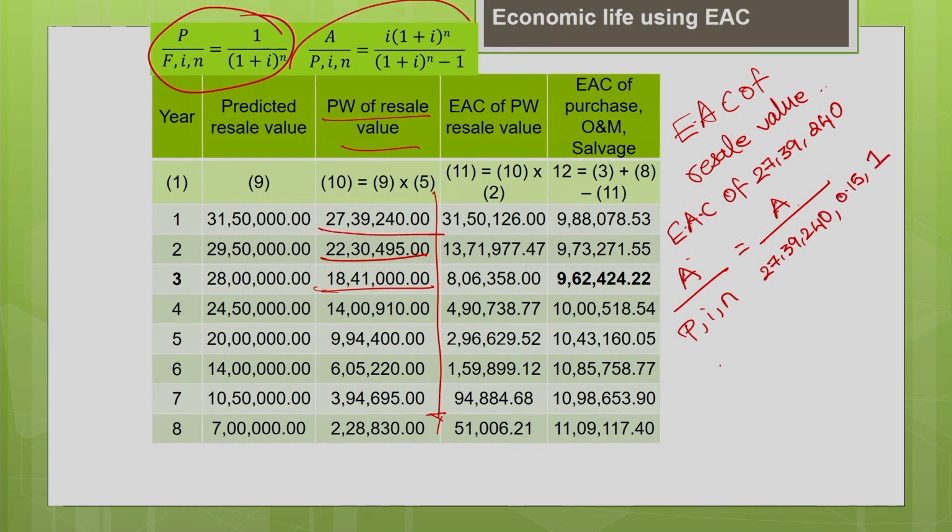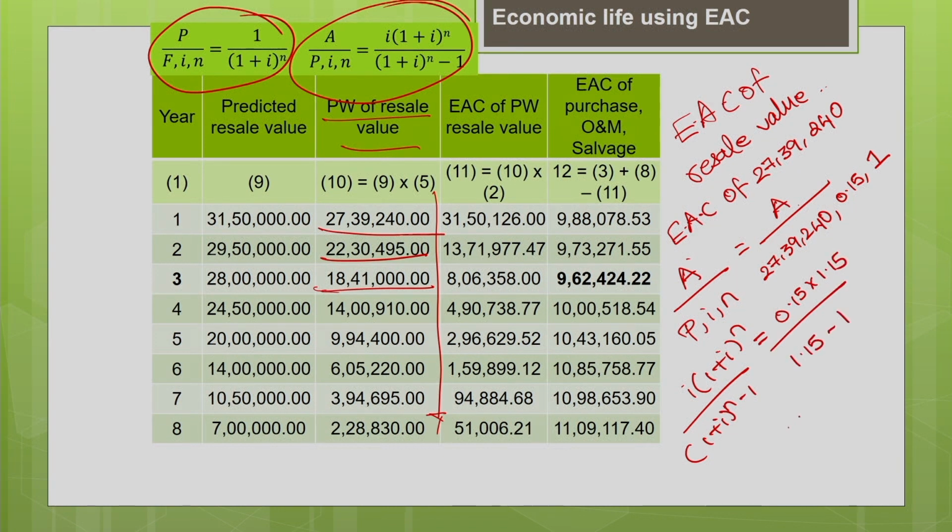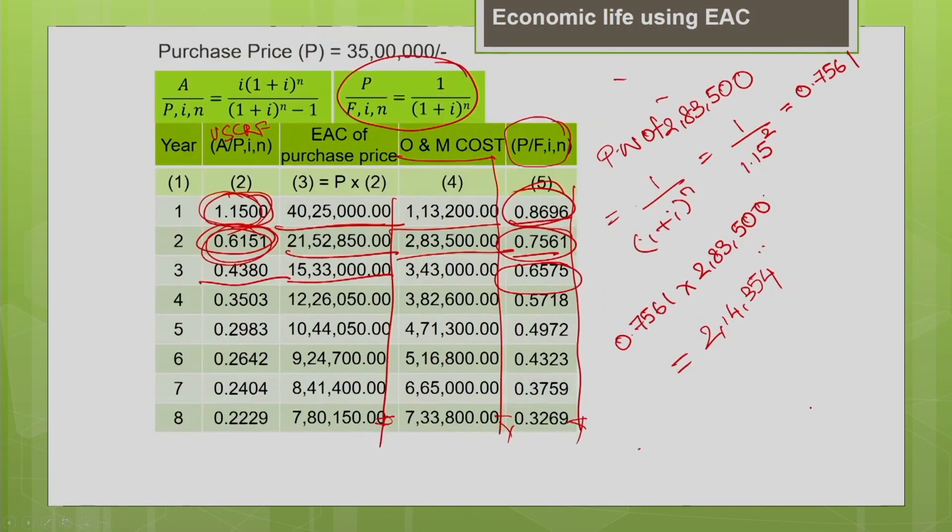So, you know the factor already, okay. Use this formula, I into 1 plus I per N divided by, already we have estimated these factors, okay. So, it is nothing but 0.15 into 1.15 divided by 1.15 minus 1. This gives me the capital recovery factor, we have estimated already, right, as 1.15.